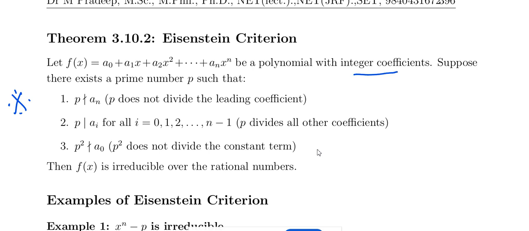Suppose there exists a prime number p such that p does not divide an, the leading coefficient. That means p divides ai for all i equal to 0, 1, 2 and so on up to n minus 1. p divides all the other coefficients, and p square does not divide a naught, the constant term.